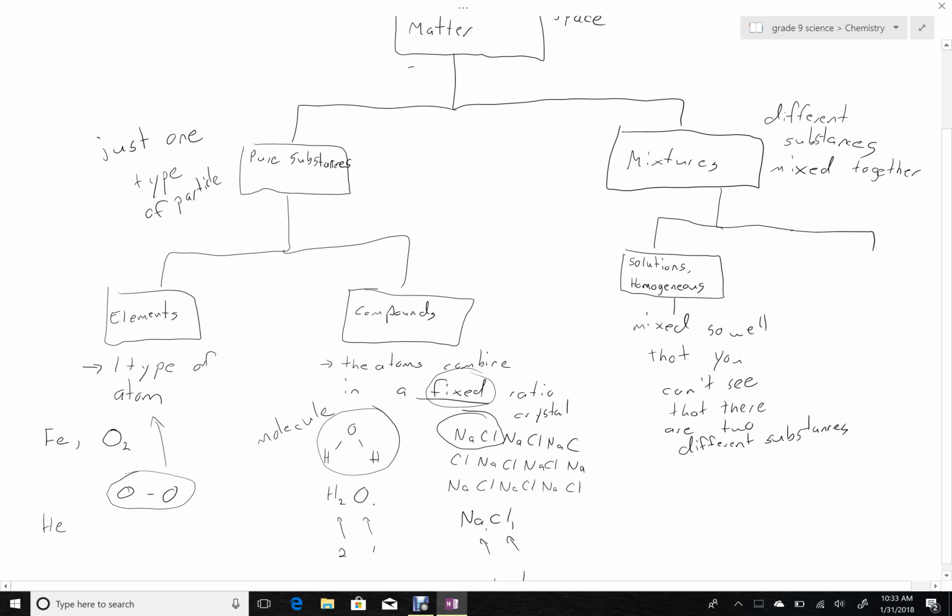Here I think of something like a glass of water sitting on a table. If I had come along and put a tiny amount of salt into that glass of water and stirred it really, really, really well, now it's water and it's salt. The two things are mixed together, making it a mixture.